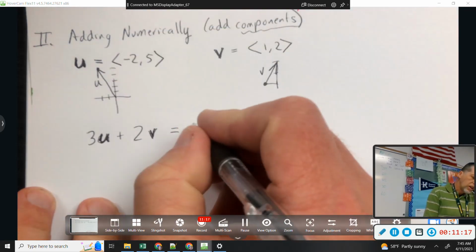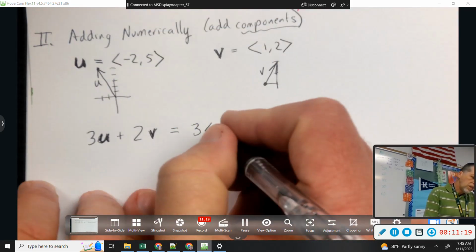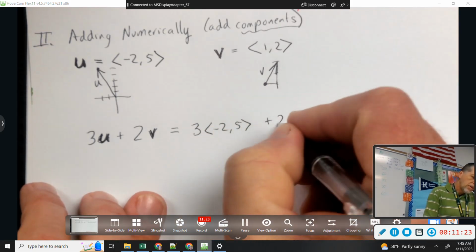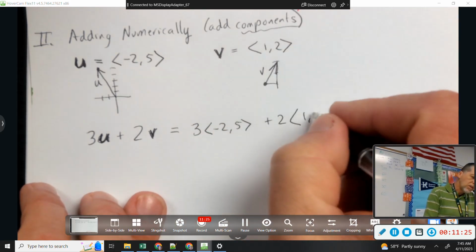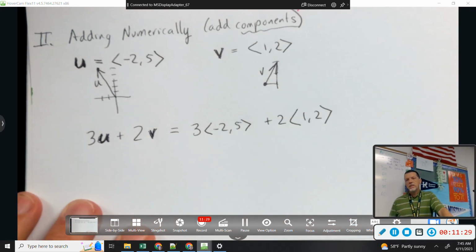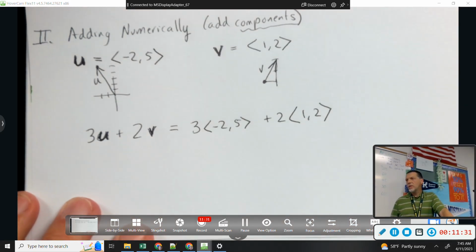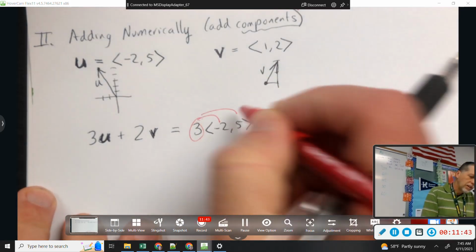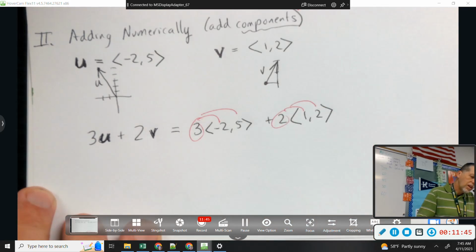So 3 times u, which is ⟨-2, 5⟩, plus 2 times v, which is ⟨1, 2⟩. Now, those aren't parentheses, they're the pointy bracket thingies. But what do you think we do with the 3 and the 2? Distribute. So it works like you think it would work. At least I hope you think it would work that way.